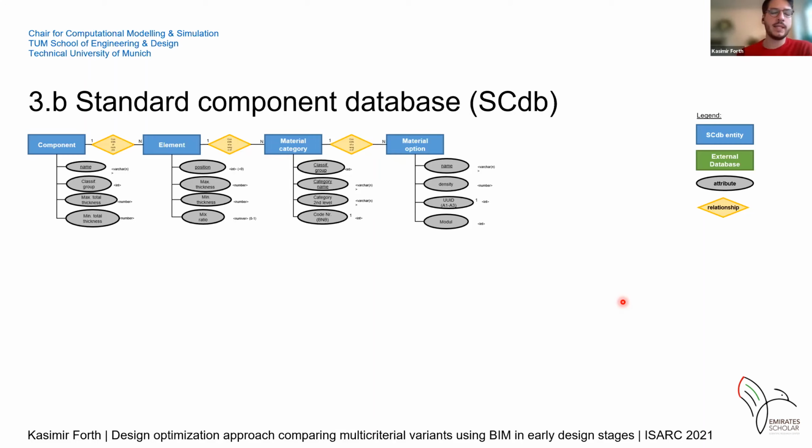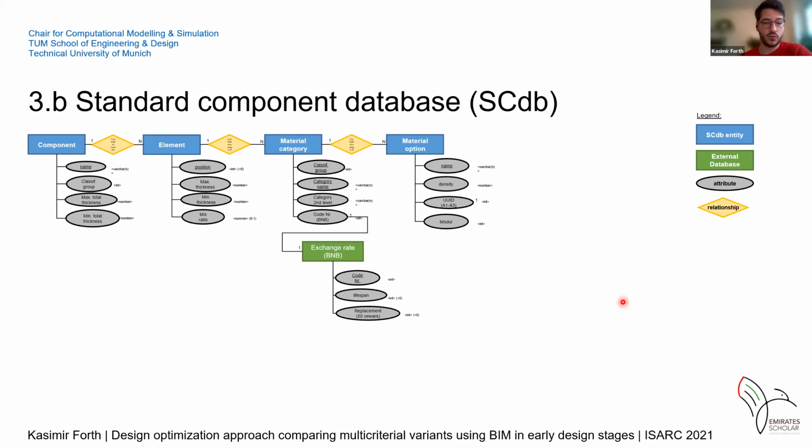And these entities are also connected to external databases. In this case, I added external databases, for example, exchange rates of certain materials for different layers. It's also a German source: how often do you exchange or replace which layer?